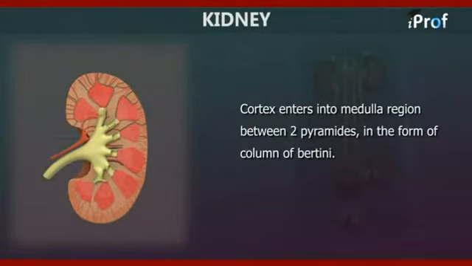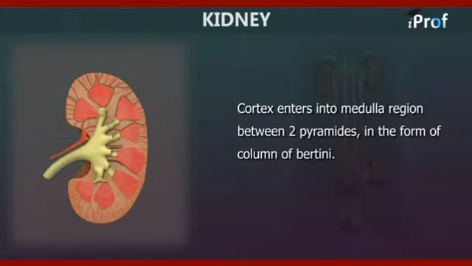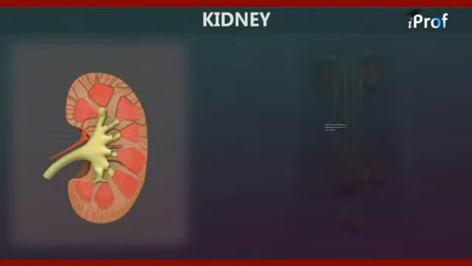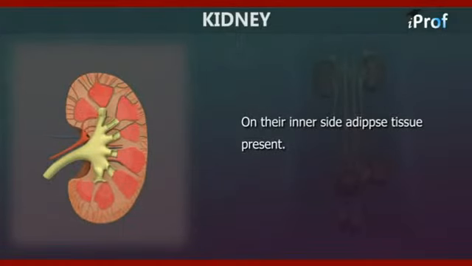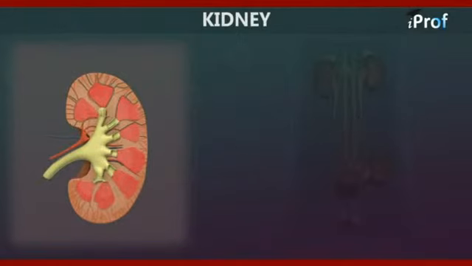Cortex enters into medulla region between two pyramids in the form of column of Bertin. On their inner side, adipose tissues present.